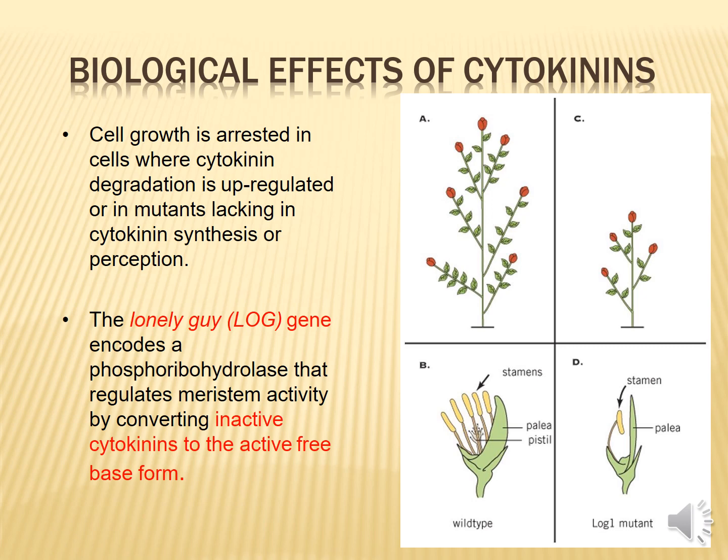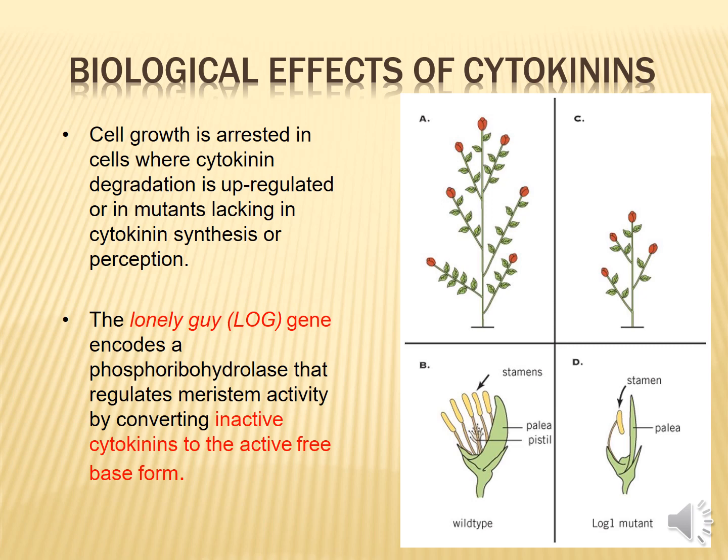In this function, you will look at the name of the gene that encodes the function of cytokinin in maintaining the shoot meristem. We call it the LONELY GUY gene, or LOG gene.